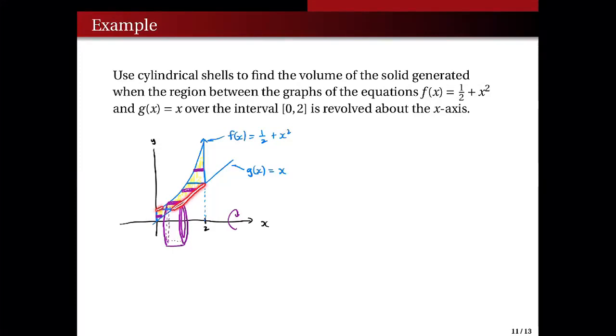The left function, it's this parabola, f of x. Finally, on this part here, the right function, it's this vertical line, x equals 2. The left function, it's your parabola, f of x. So at each part, you have different left or right functions. That's why you have to divide it into three parts.